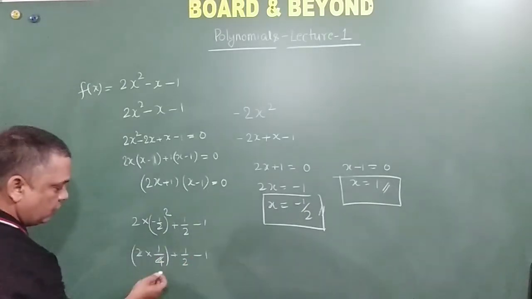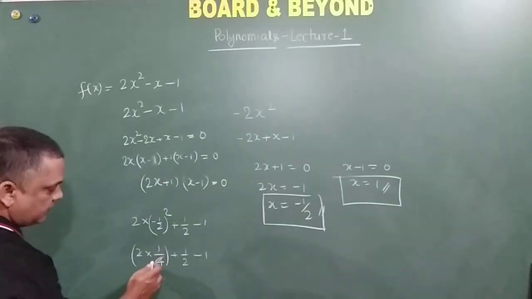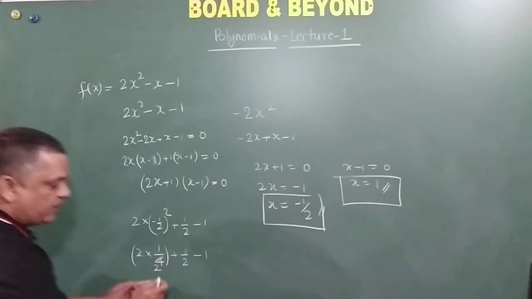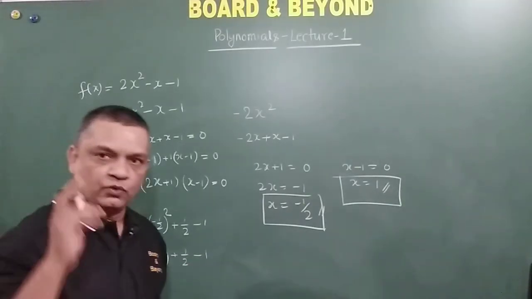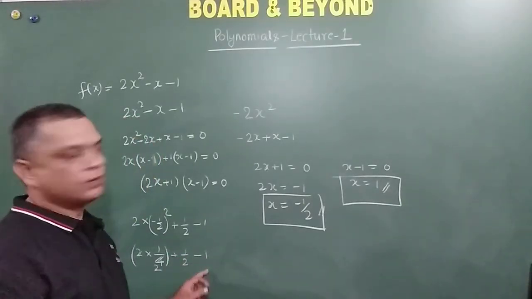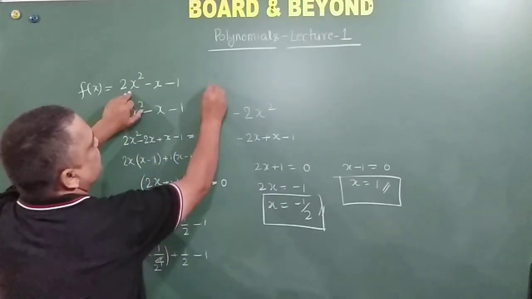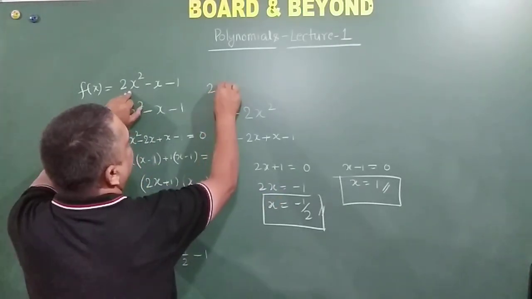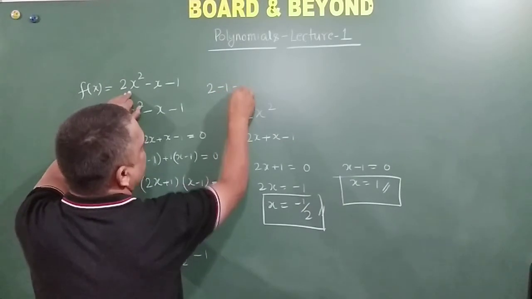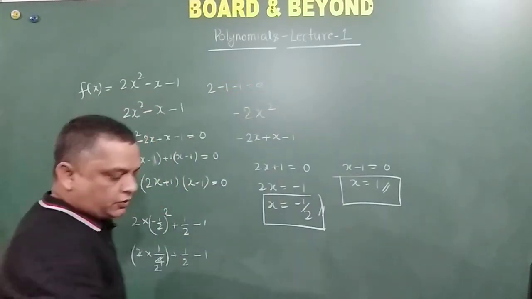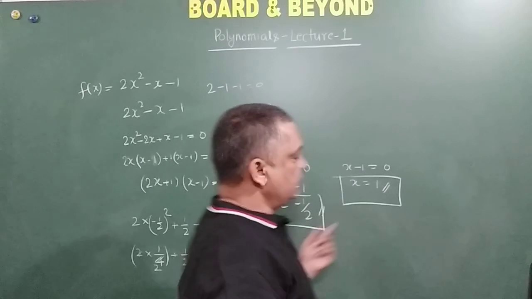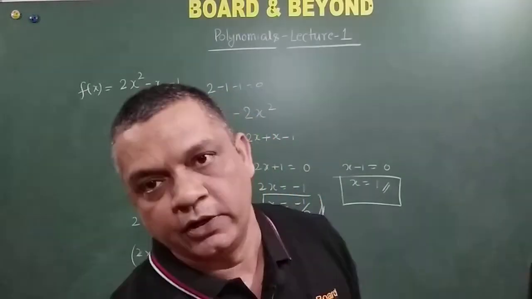So it becomes 1 by 2 plus 1 by 2 is equal to 1, 1 minus 1 is equal to 0. Hence verified. Putting x is equal to 1, this gives me 2 minus 1 minus 1, which is also equal to 0. So we have cross-checked that yes, these two are the roots of this polynomial.